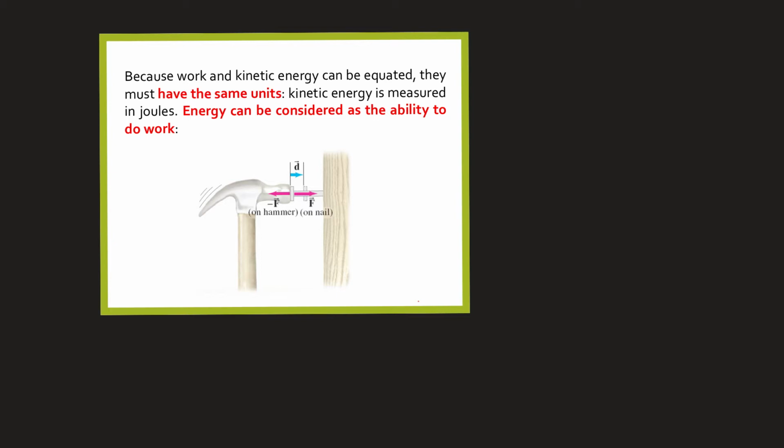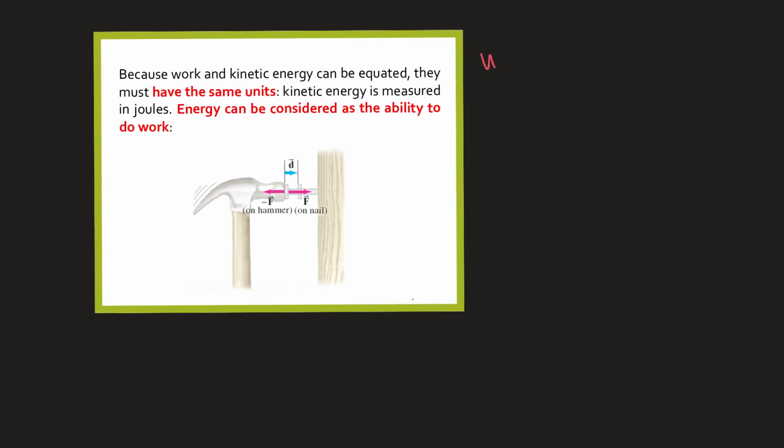The work done on the nail is positive, and the work done on the hammer is negative. The work done on the nail is F D cos 0, because D and F are in the same direction, so you get positive energy, which is an increase of energy.